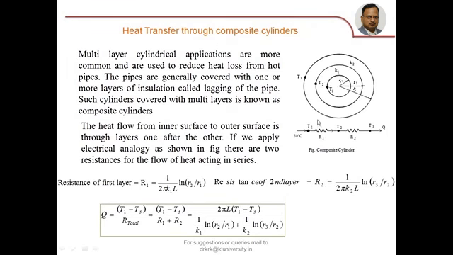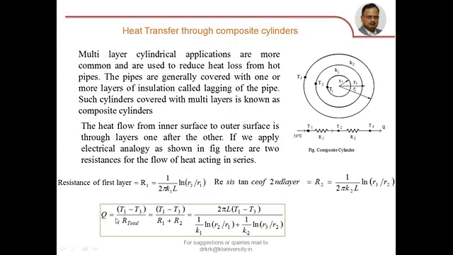Hence Q equals T1 minus T3 divided by the total resistance between these two, R1 plus R2. Which is equal to 2 pi L into T1 minus T3 divided by 1 by K1 log R2 by R1 plus 1 by K2 log R3 by R2, where 1 by 2 pi L comes to the numerator as a common term.